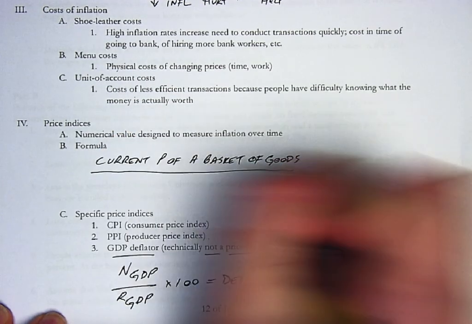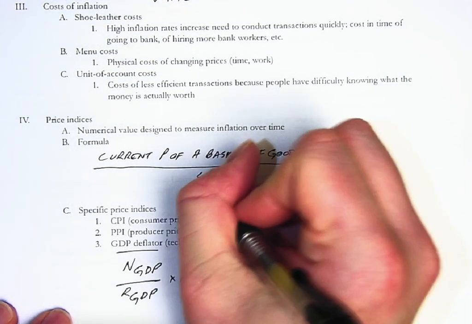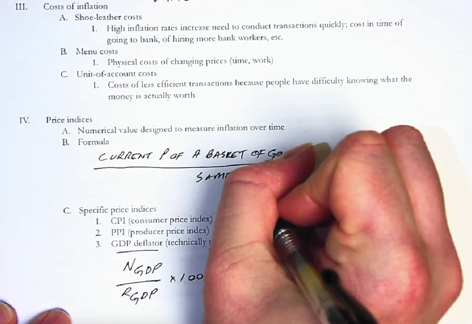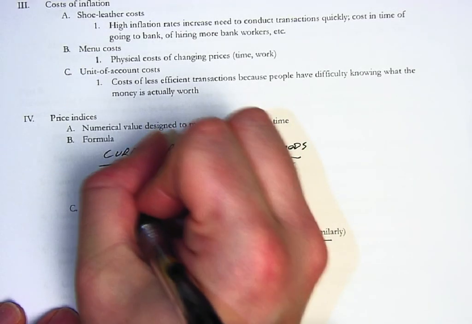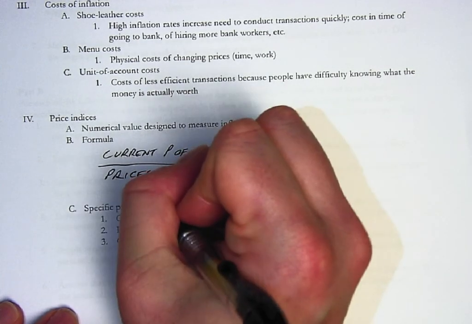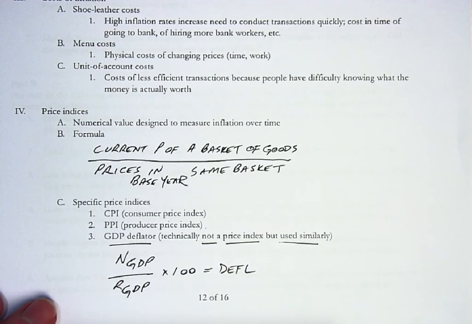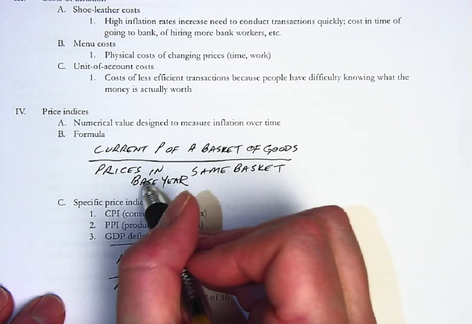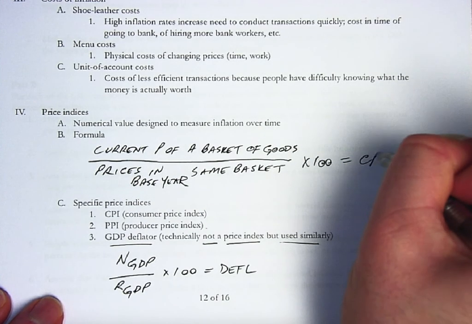And then we divide that by the prices of the same basket of goods in a base year, times 100 equals, we'll say, the CPI.